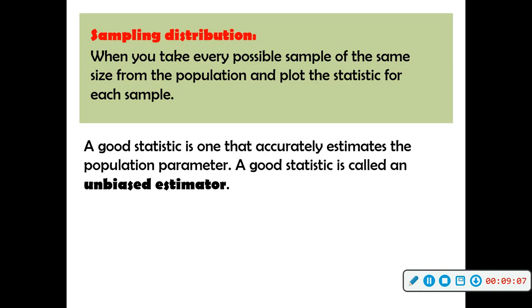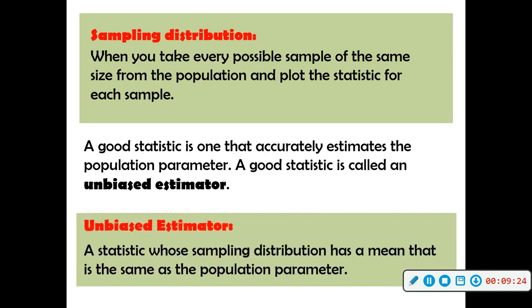So if something is considered an unbiased estimator, that means the statistic can be used to try to determine what the parameter is. Again, statistic is the value for the sample, parameter is the value for the population. So what is an unbiased estimator? Okay. Well, to determine if something is an unbiased estimator, we would take the mean of the sampling distribution, and that should be the same as the population parameter.